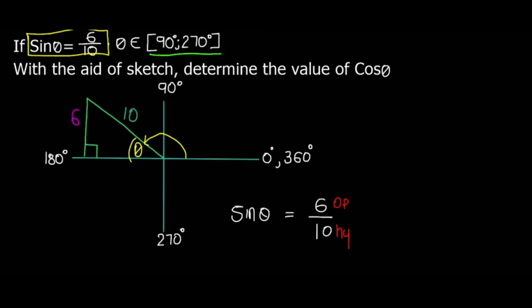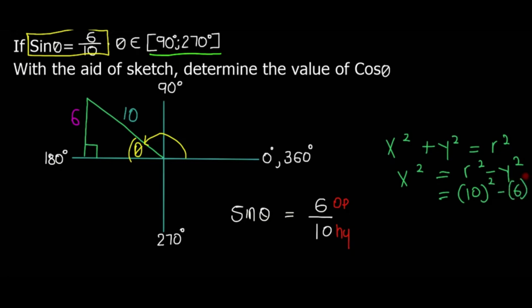And then now o ka kgona bona gore re na le a missing side, this side ya x a re tsebe, so re tlo e nyaka ra shumisha theorem of Pythagoras. X squared plus y squared is equals to r squared, and then remember re nyaka x, this means x squared is equals to r squared minus y squared, and then from here our r is 10, and then our y is 6.